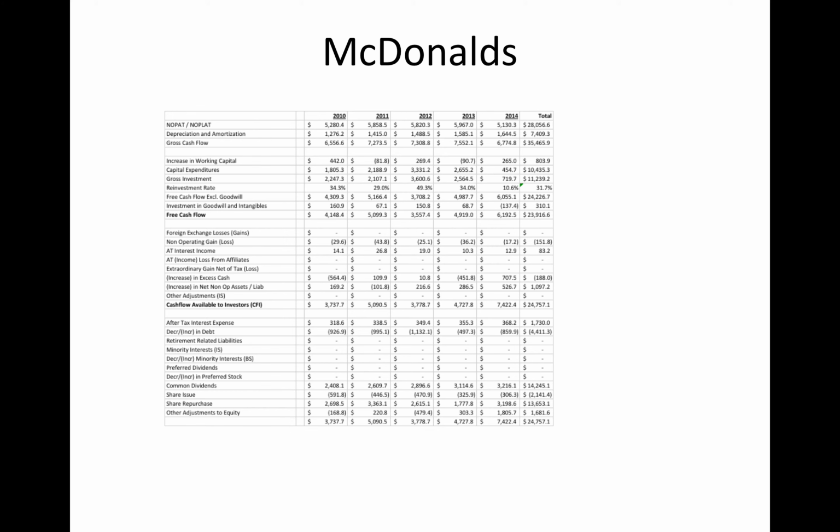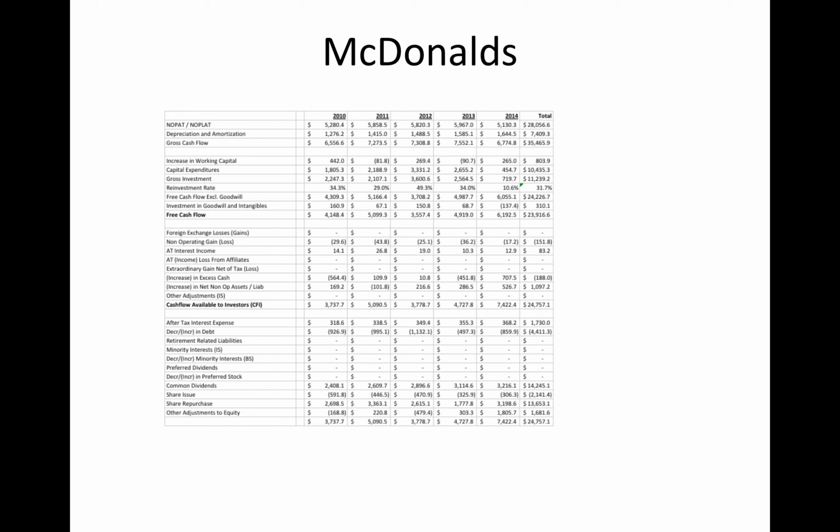Not much out of $24 billion. In terms of non-operating assets, they got $1 billion from that, and they had a non-operating loss of $151 million. So they netted about $700 million of non-operating cash flow to turn their free cash flow from 23.9 to 24.7.